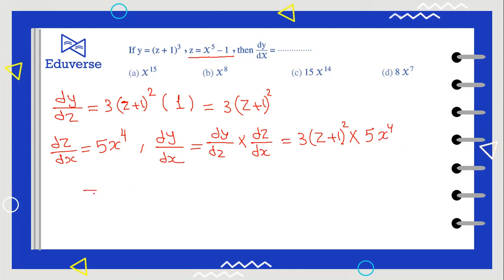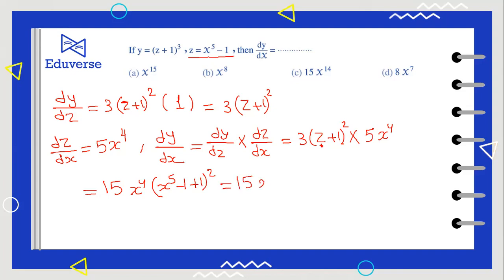Equals 3 multiplied by 5, it will be 15 x to the power 4, multiplied by (z plus 1) squared. Z, I will substitute by this value, x to the power 5 minus 1, plus 1, all to the power 2.